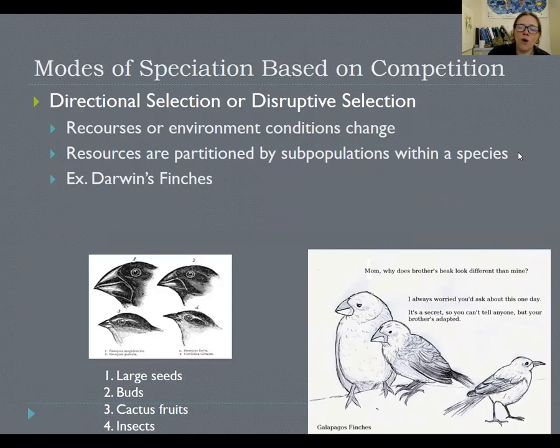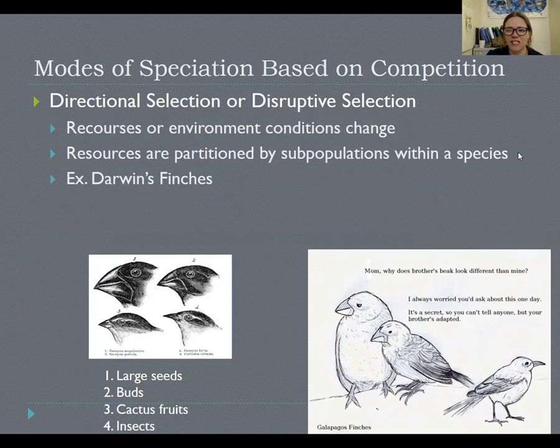One common thing that happens is that resources are partitioned by subpopulations within a species. The classic example of this is Darwin's finches. These were finches that existed within the Galapagos Island chain. When Darwin got there, on his voyage on the Beagle, I think is the boat he sailed around on, he observed that these birds seemed to be fairly closely related, so they probably shared a common ancestor.